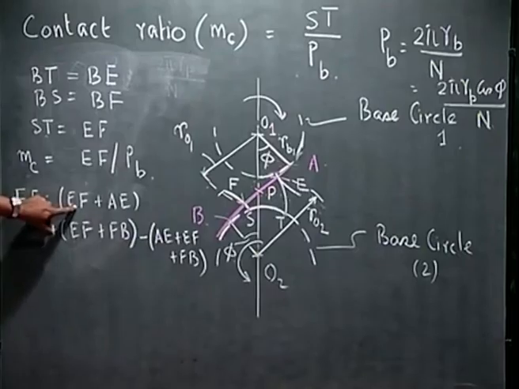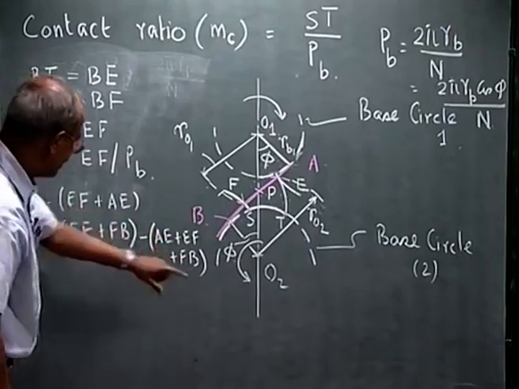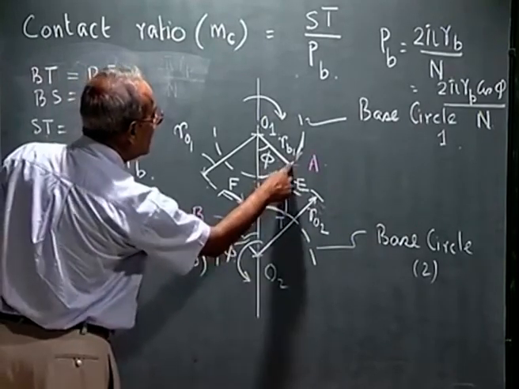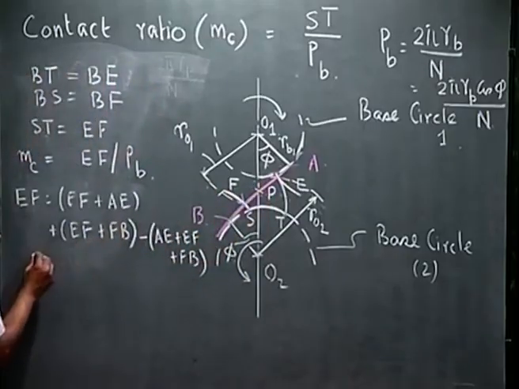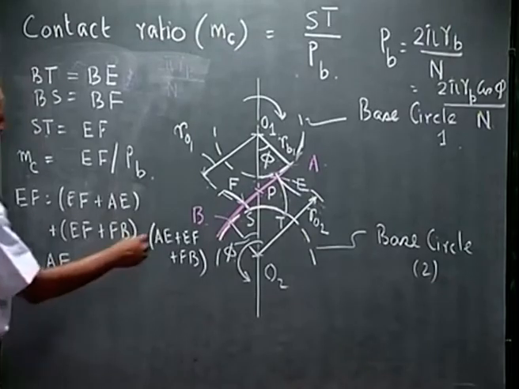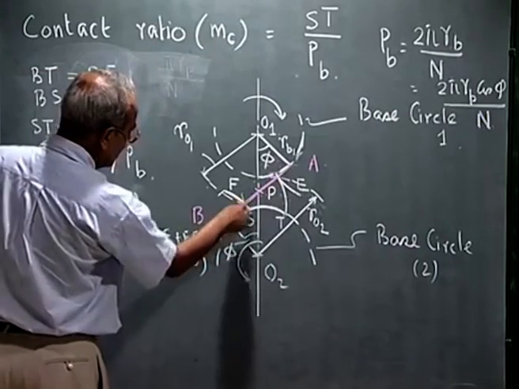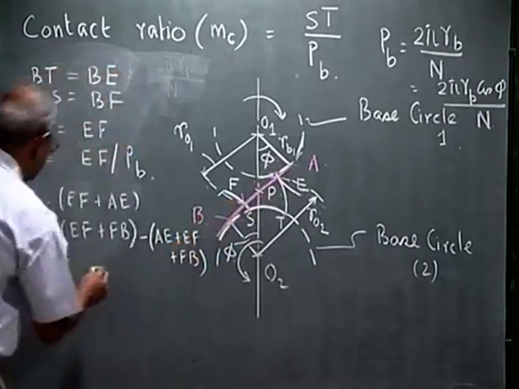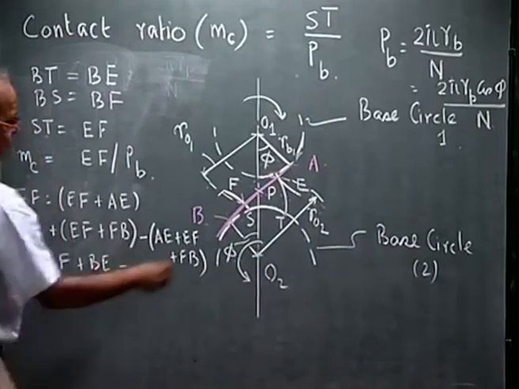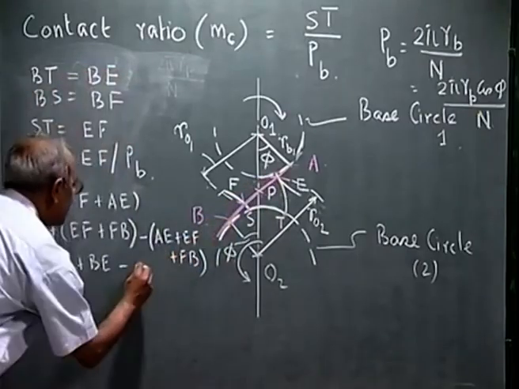EF is this EF. I have added AE, EF, FB, and I have subtracted AE, EF, FB. EF plus AE, as you see, is nothing but AF. Similarly, EF plus FB is nothing but BE. And AE plus EF plus FB is nothing but AB.